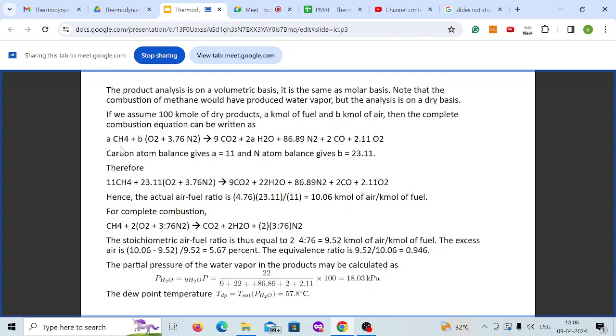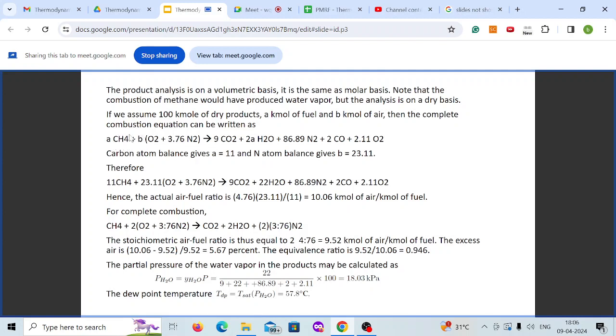If you write the combustion equation, A moles of methane is taken and B moles of air is taken. Air, if you see, majorly contains nitrogen and oxygen: 1 mole of oxygen and 3.76 moles of nitrogen. Nitrogen doesn't take part in the reaction, but it will get heated up, so it will absorb some amount of energy.